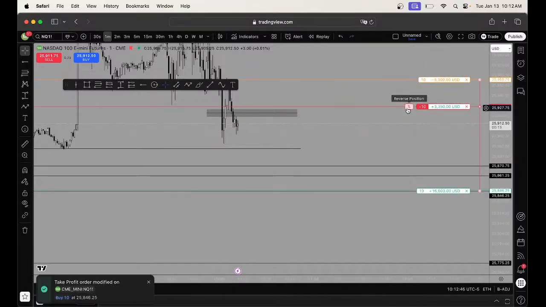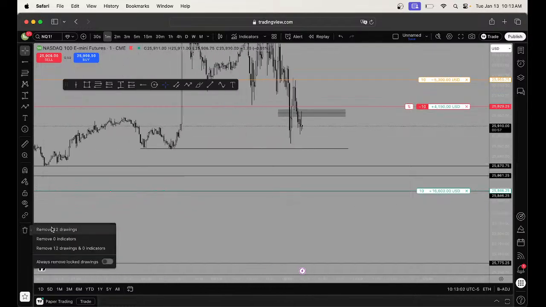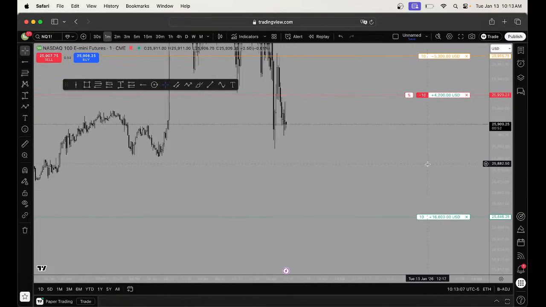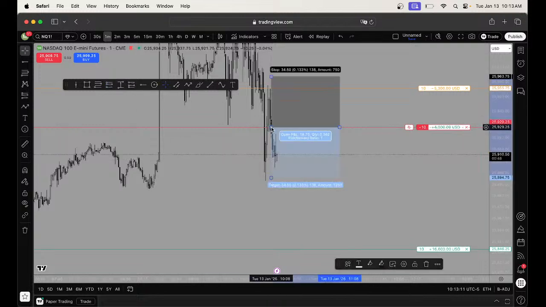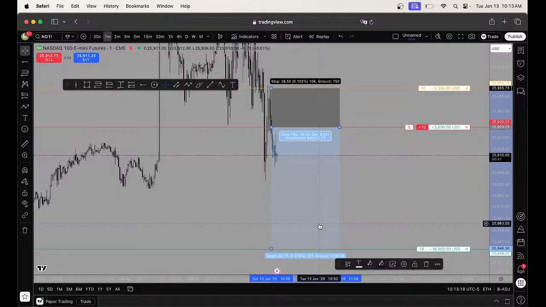I could leave some runners, but this is a paper trade, so who cares? I'm gonna delete all these lines. They're kind of in my way. I think this is a 1 to 1.5 RR. It's a 1 to 3. Okay.